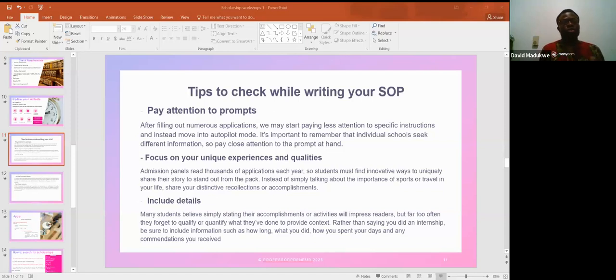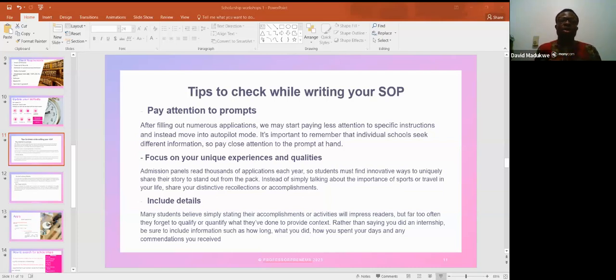The third one is to include details in your SOP or in your personal statement. It's not right to just say, I'm a team leader, I work in a group, I have this, I have that. You have to explain more about how those activities helped you, how those accomplishments changed you, or what you learned from those experiences.